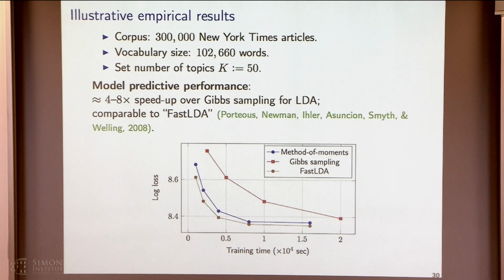We applied this to some articles from the New York Times from the early 2000s, with a reasonably sized model: a vocabulary size of nearly 100,000 words. We tried to learn the model with 50 different topics. And in terms of predictive performance on held-out documents, I know it's unclear whether this is a reasonable measure.